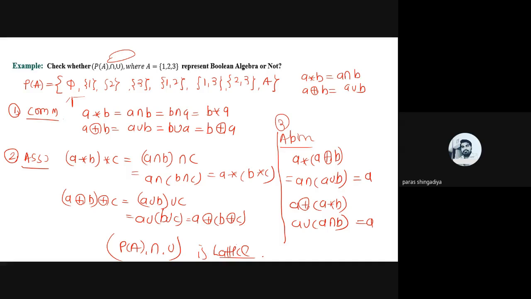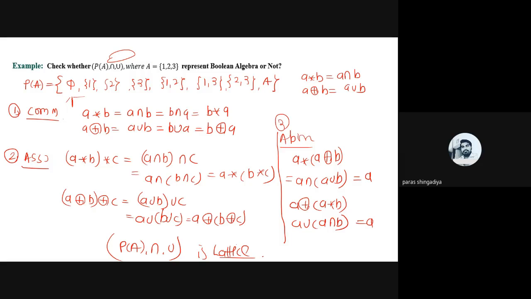So only one entry works, capital A. Phi dash will be the capital A. Why? Because the intersection of phi and A is the null set, that is phi, and the union of phi with A is capital A. So phi dash is equal to A, and based on that A dash is equal to phi.